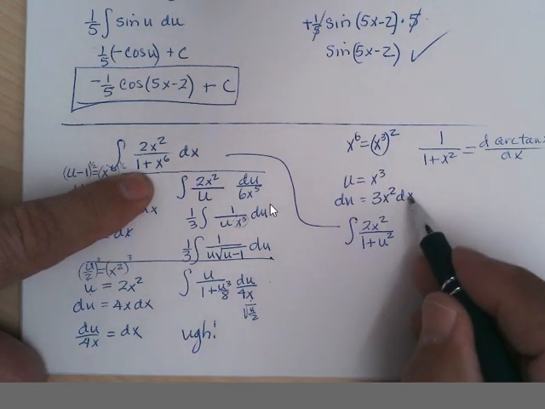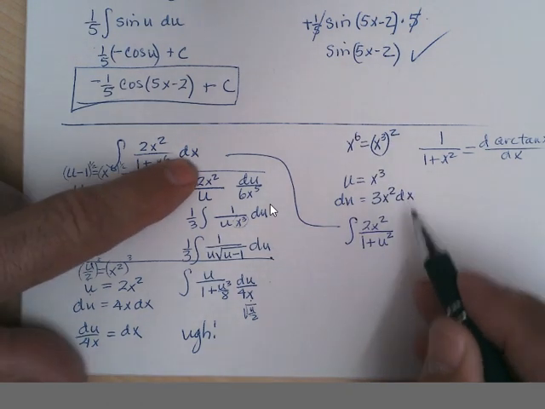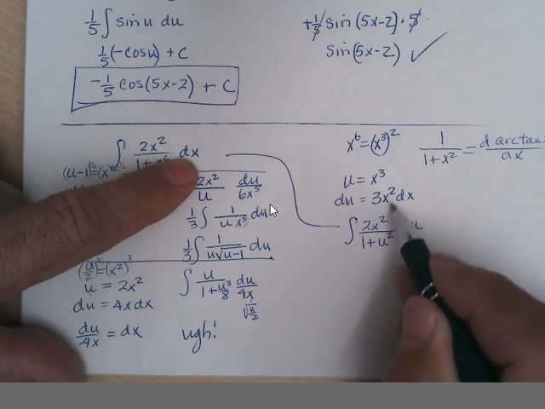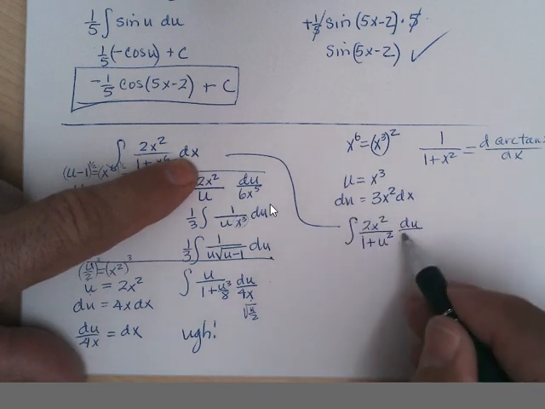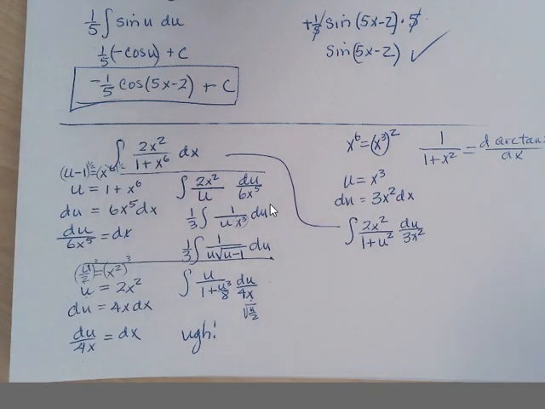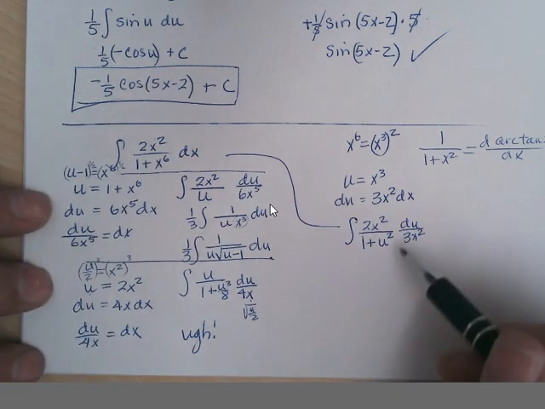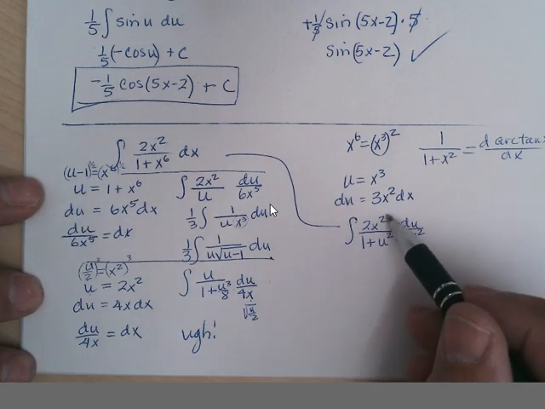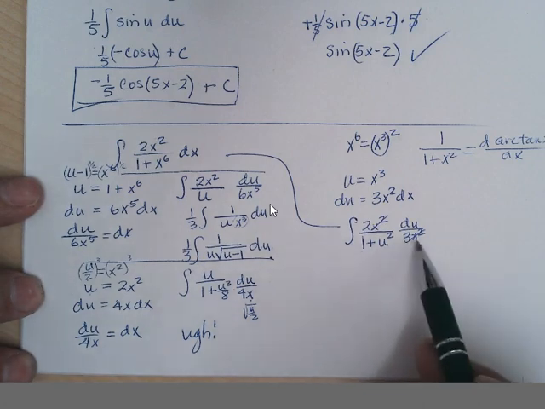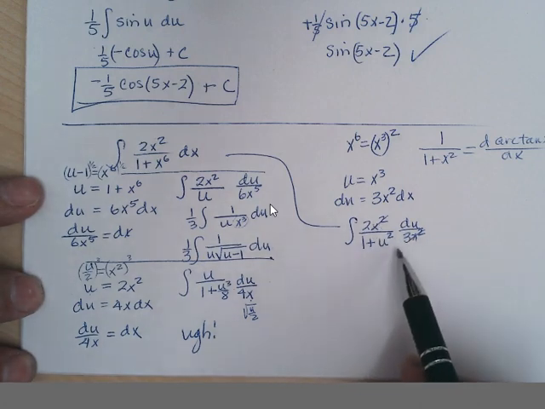And dx is du, I didn't finish solving for it, divided by the 3x squared. And, oh, sweetness here, the x squareds cancel. And therefore, I don't have any x's left.